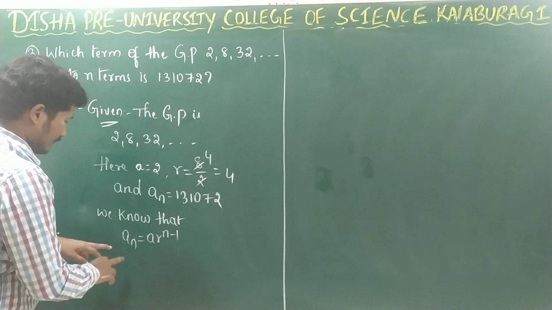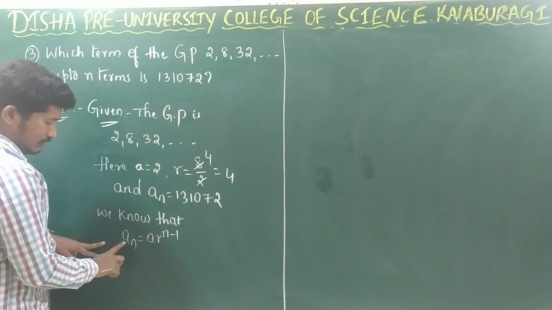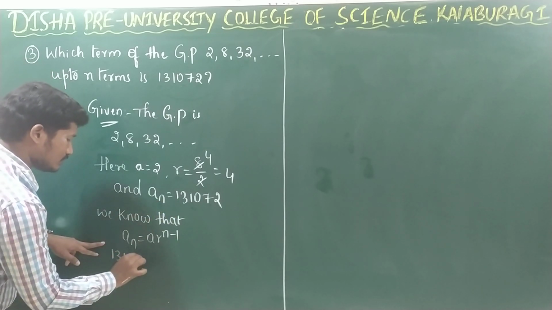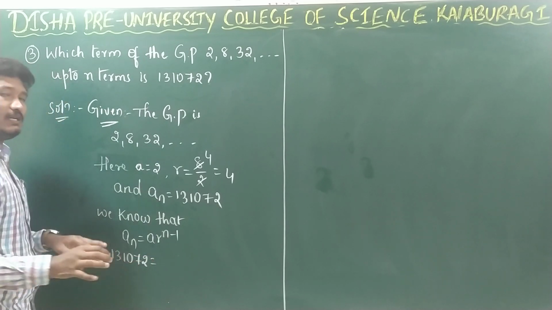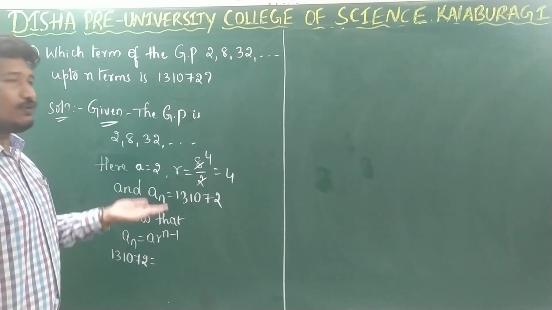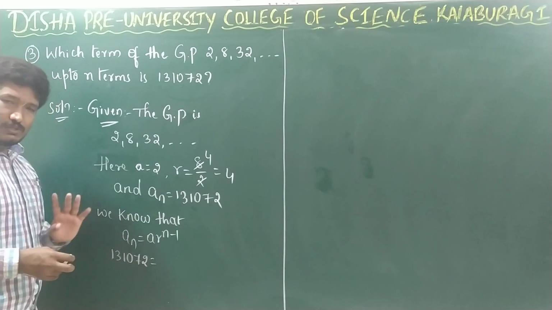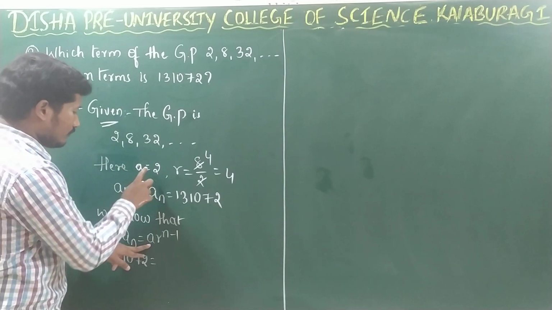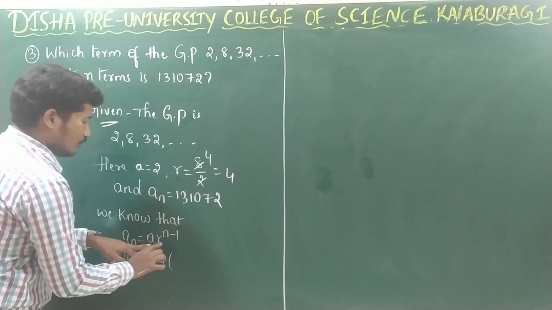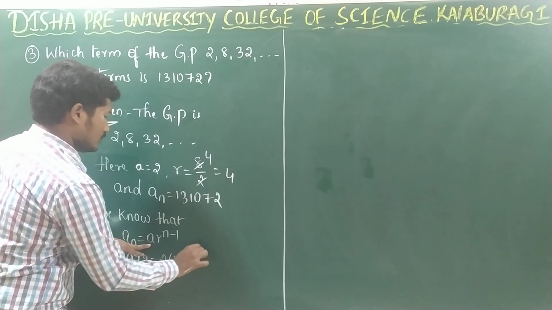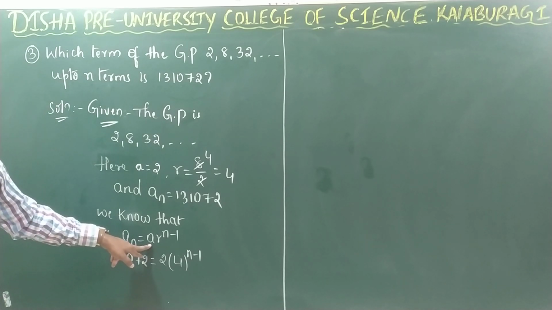See here, an is given as 131072, the nth term. I have to calculate the value of n, right? So 131072 equals the first term, which is 2, times r, which is 4, power n minus 1.